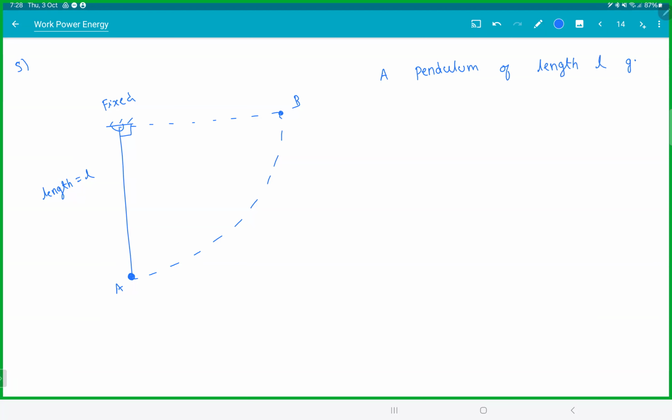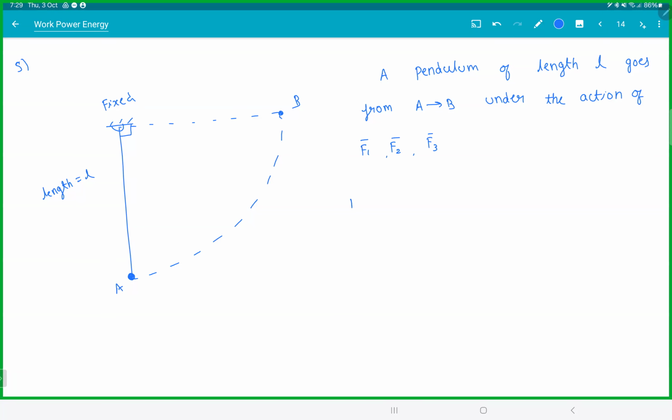Pendulum of length L goes from A to B under the action of F1 bar, F2 bar, and F3 bar, three forces.